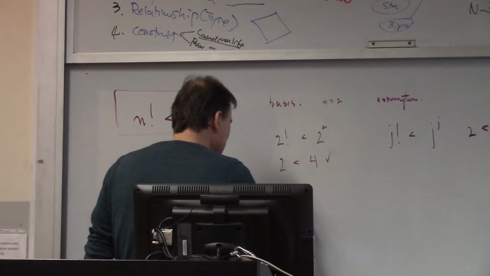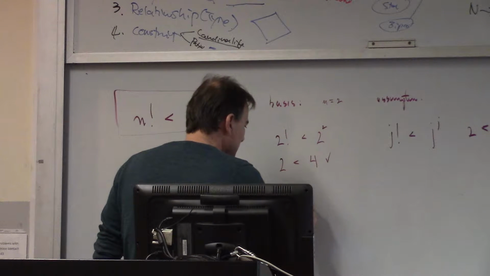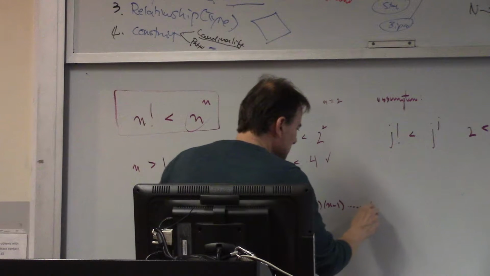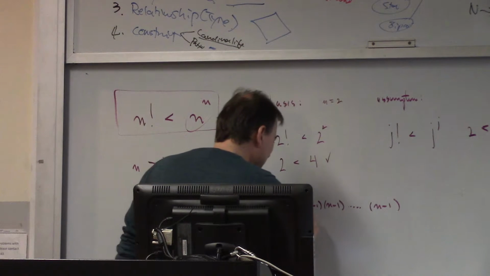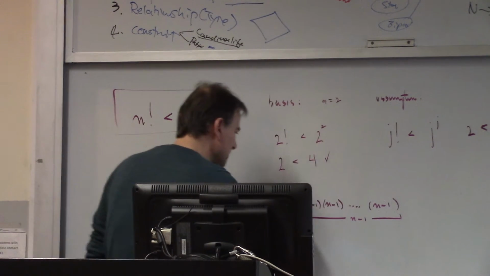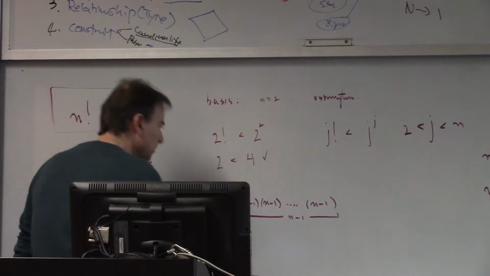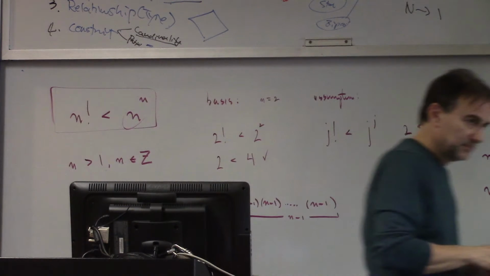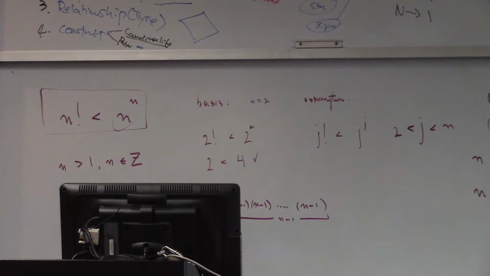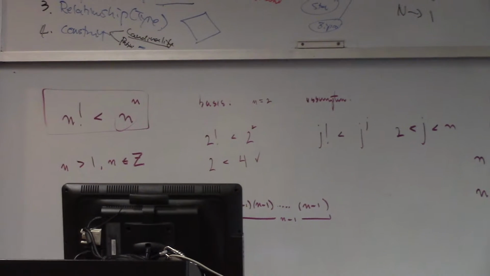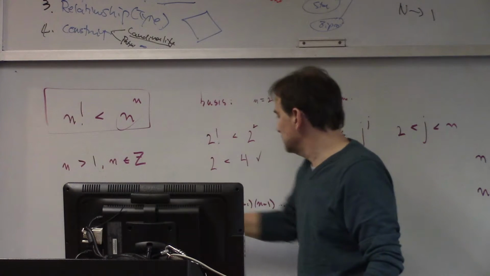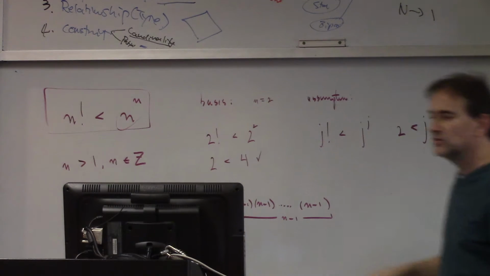I have an n, and then n minus 1, n minus 1, dot dot dot, and then n minus 1. So I have n minus 1 factors of n minus 1, and exactly 1 factor of n. Correct? So it's not the same thing, but the number of factors is the same. There are n factors here, and n factors here.